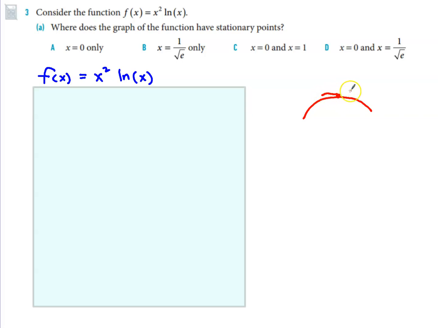When it's no longer rising, it's no longer falling, it's just horizontal. So that maximum is a stationary point. Another stationary point is a minimum. Here the graph is falling, here it's basically stationary, and here it's rising. So another place where you can have a stationary point is at a minimum.